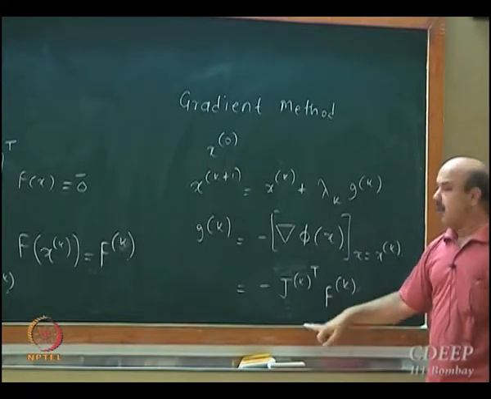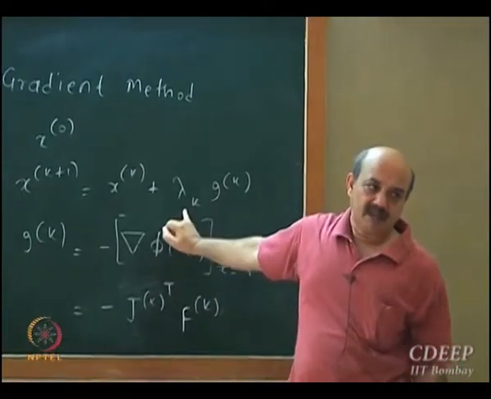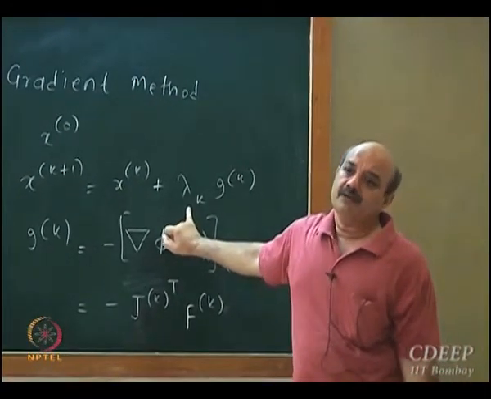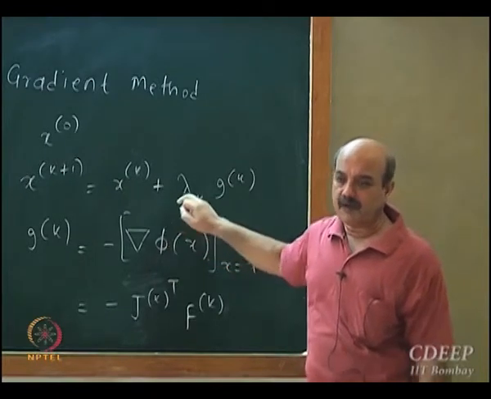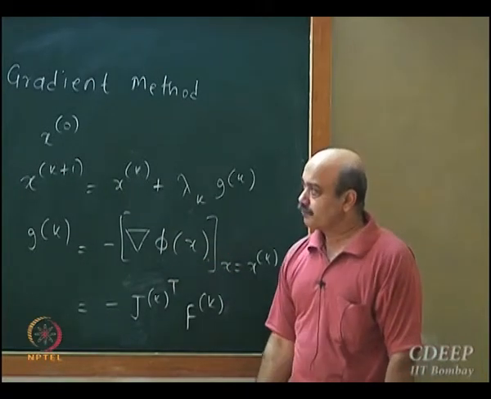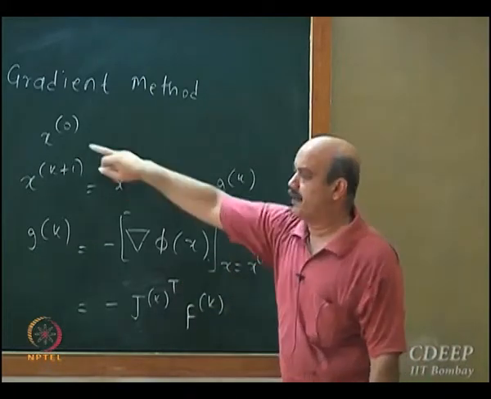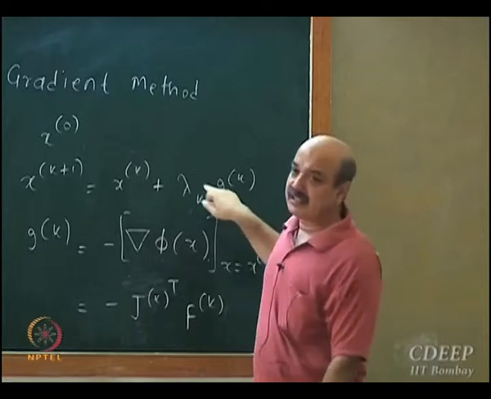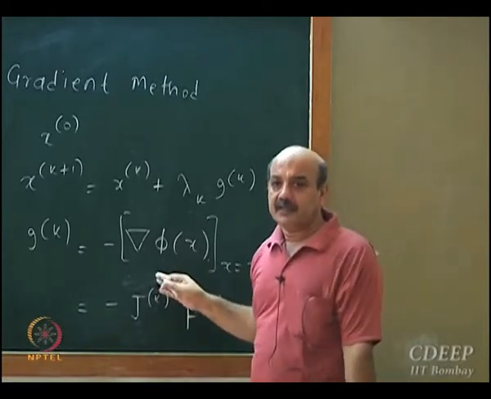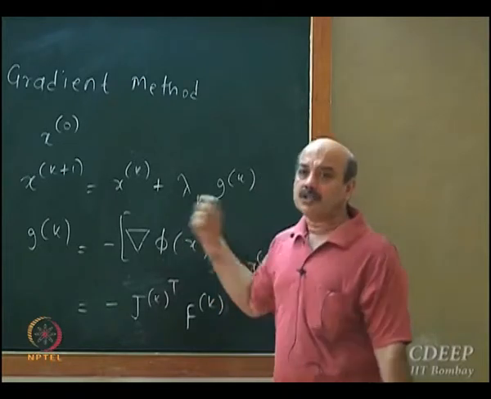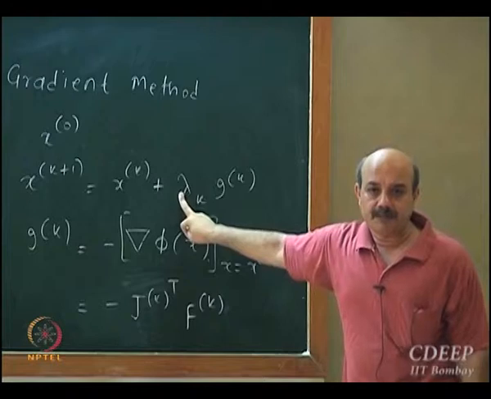G_k would be this. How do you compute lambda k? This is a scalar parameter, the step length parameter, and this is found by one dimensional minimization. So this is an iterative numerical procedure by which you start from x naught and generate a new guess in the direction of the negative of the gradient direction, and at each step how much to move is decided by minimizing with respect to lambda.